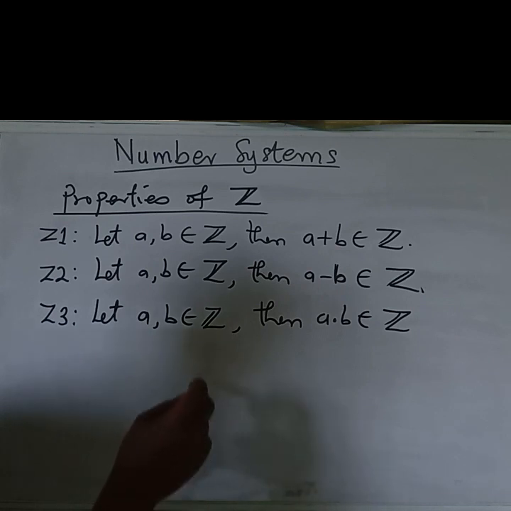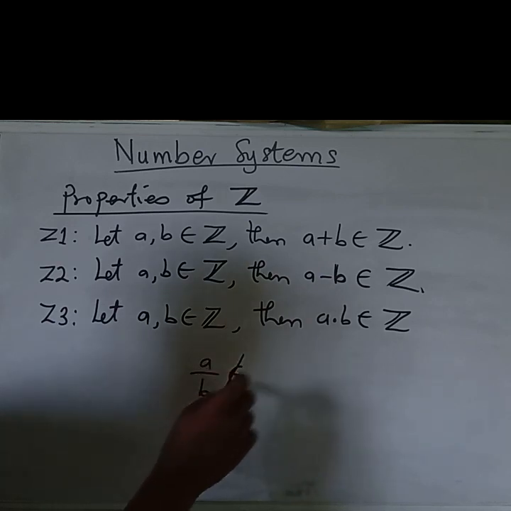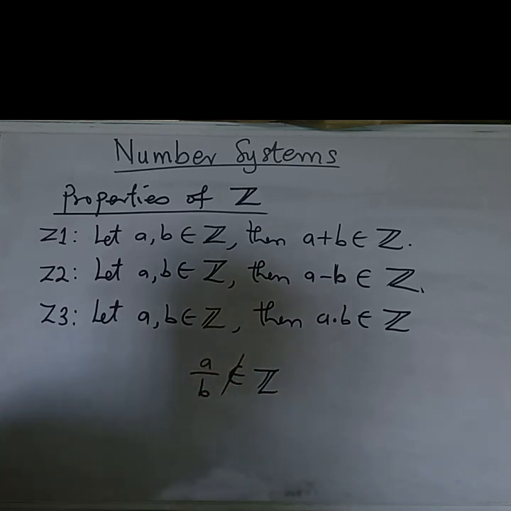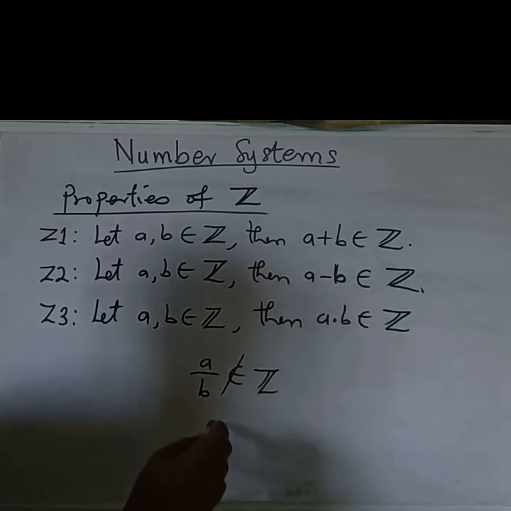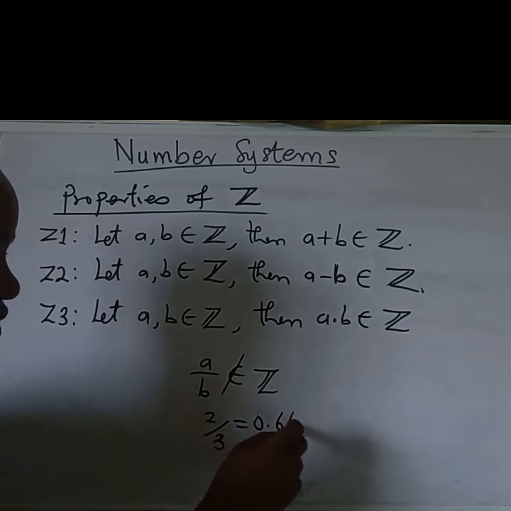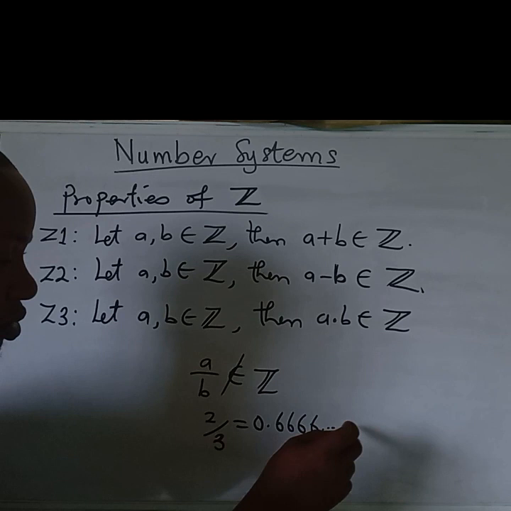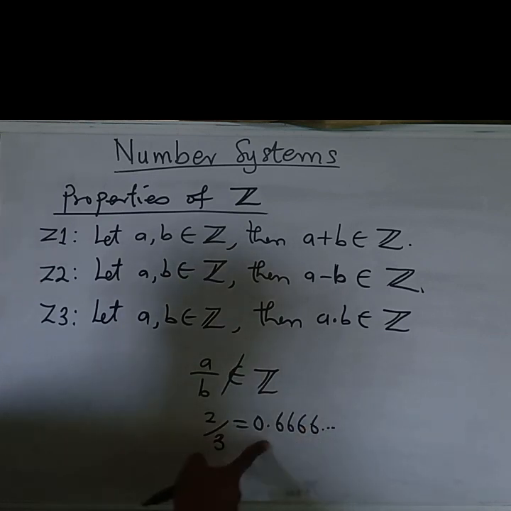This is because if you pick any two numbers where the denominator is not 0, the result is not always an integer number. It suffices for us to pick any two numbers, let's say the number 2 and the number 3, for example. This type of number is 0.6666, and we can't find this type of number in this set.